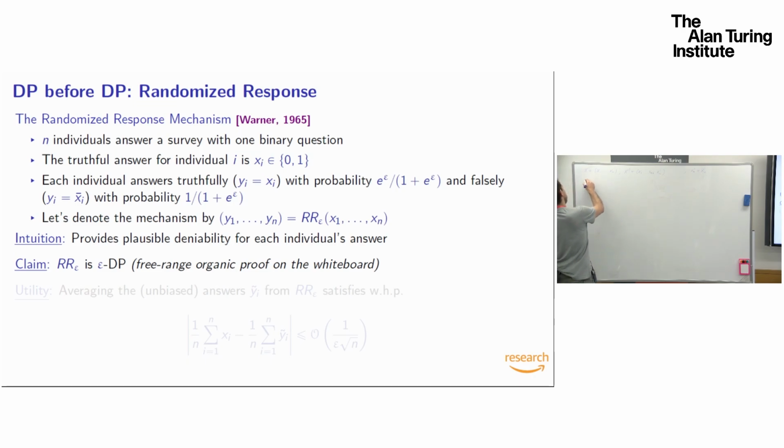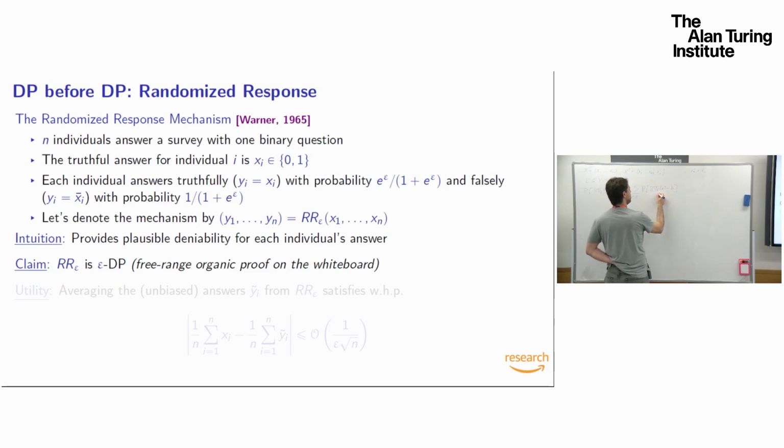So then what do I have to do? I have to pick a set E of possible outputs, which in this case is just strings of n bits. And I need to compare two probabilities. One is the probability that randomized response with parameter epsilon on input x outputs something from E. The first thing I'm going to do is split over all the possible outputs in E, and look at this probability.